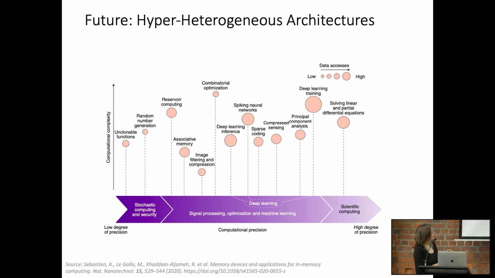But here you have spiking neural networks with medium precision required and medium computational complexity. And then we have random number generation, with a low degree of precision. I don't care if it fails sometimes, but also a medium computational complexity.